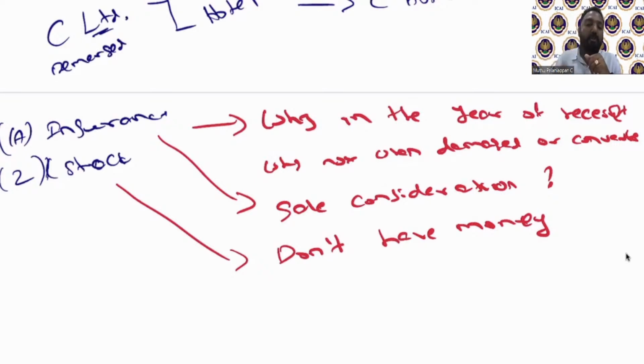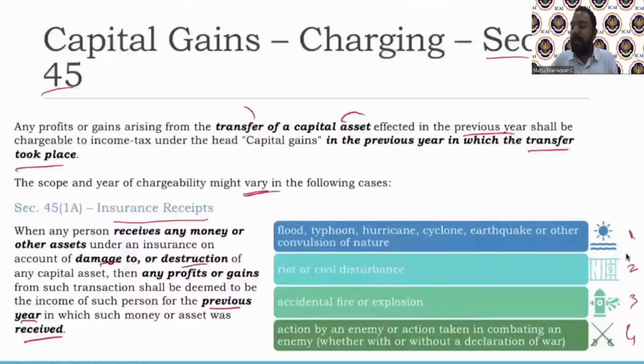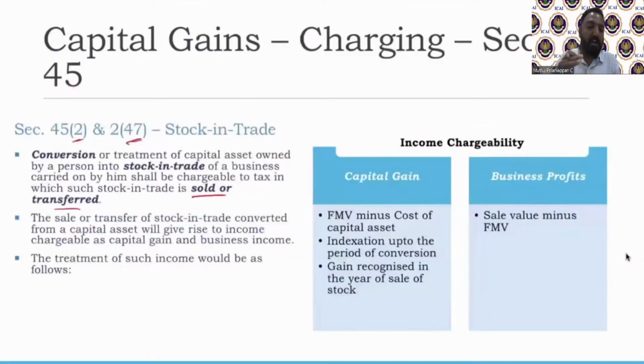So this is why things like an insurance receipt or a stock conversion are considered in the year of receipt, which is why we say sold or transferred. Because when you're finally selling that stock in trade, you get the money, and with that you will pay income tax on the capital gain. The income tax is framed in this manner.